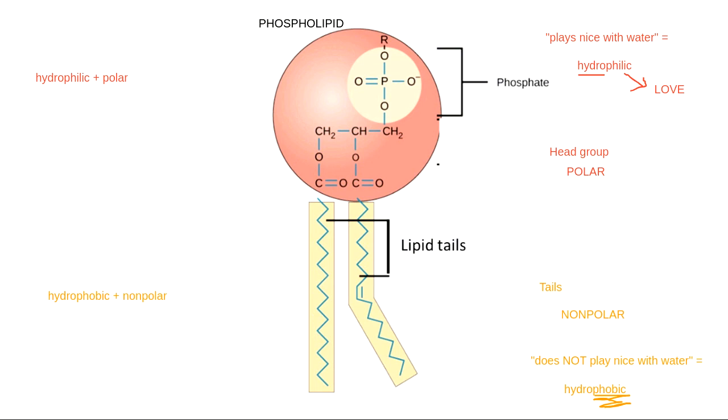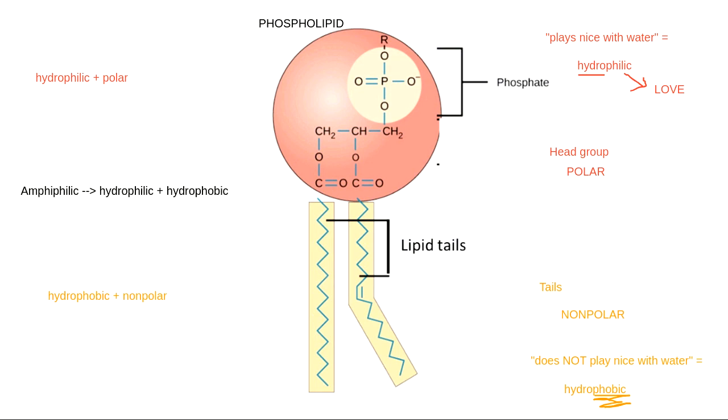Amphiphilic is kind of like an amphibian that can live in the water or it can live on the land. It can do both things. We would call a phospholipid amphiphilic because it has one part that's hydrophilic and one part that's hydrophobic.